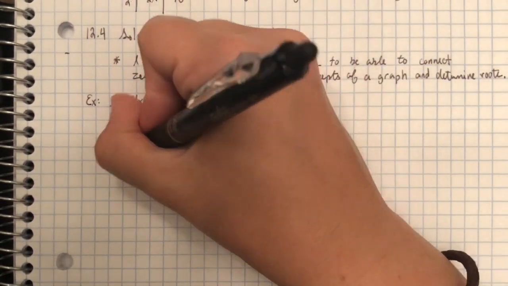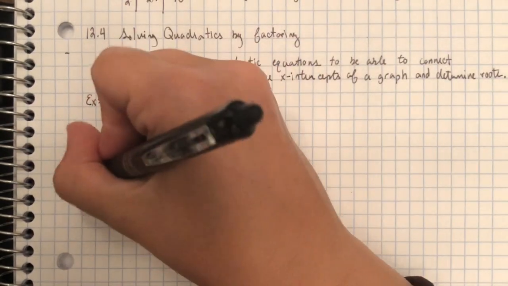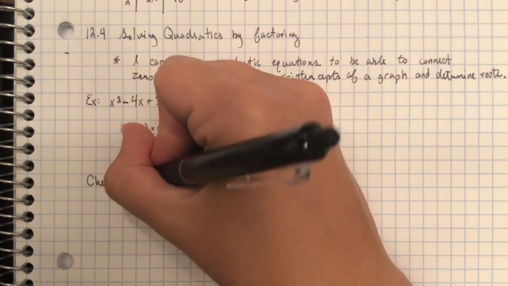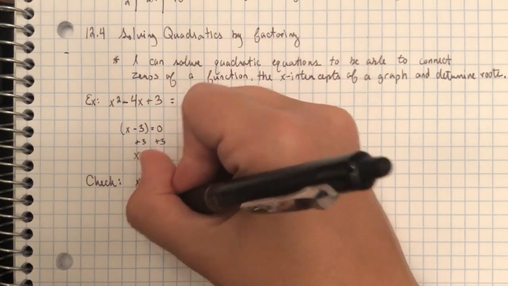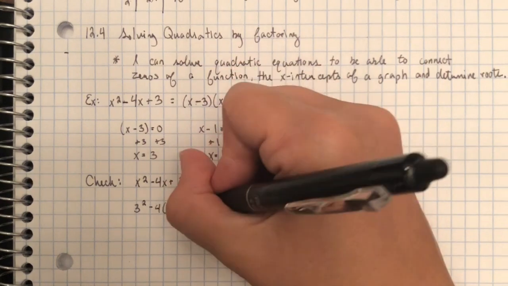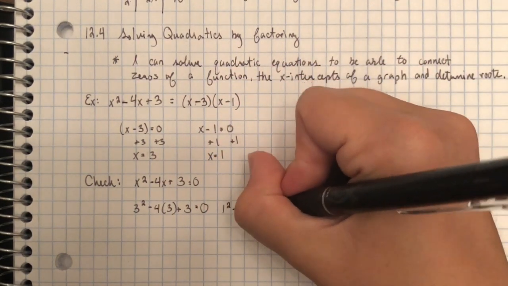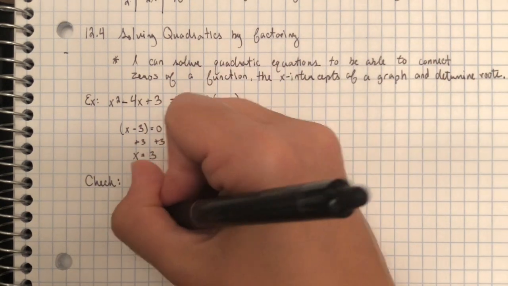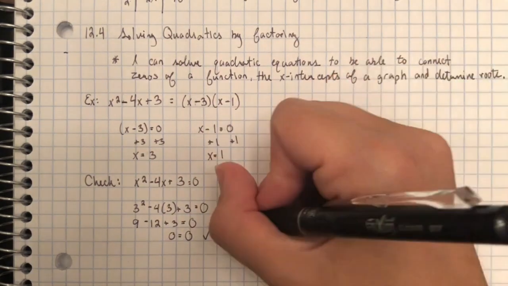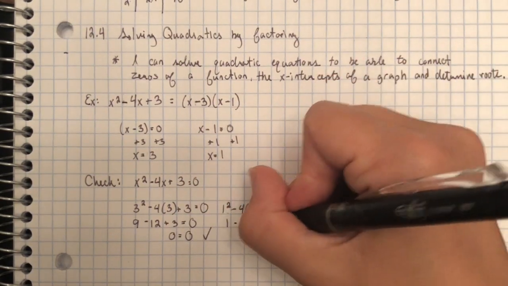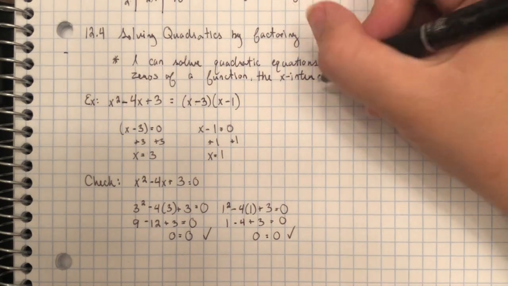Now I'm going to set each side of my factored equation to 0. So x minus 3 equals 0 and x minus 1 equals 0. And I'm going to solve for my x. So essentially I use my identity properties to subtract or add terms so that I get x is equal to 3 and x is equal to 1. I can plug those two values back into my original quadratic equation and confirm that when I do, my solution is true.